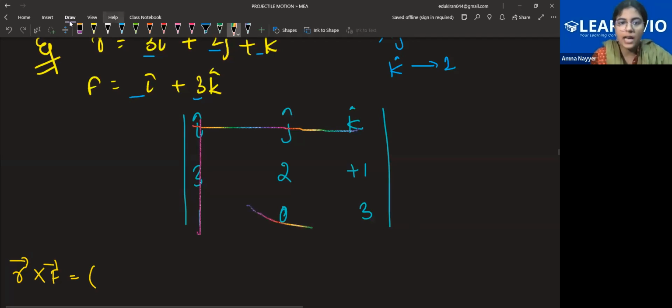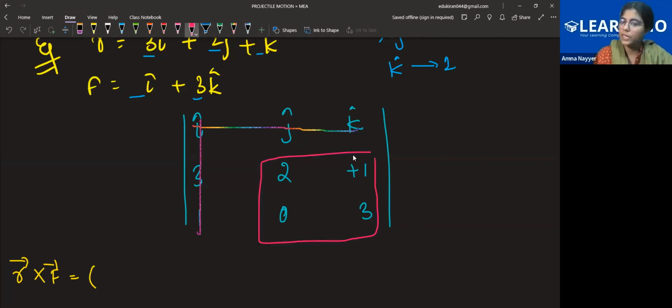Now we are left with these 4. We have deleted i cap's row and column. Now go vertically down, multiply them, minus vertically up.